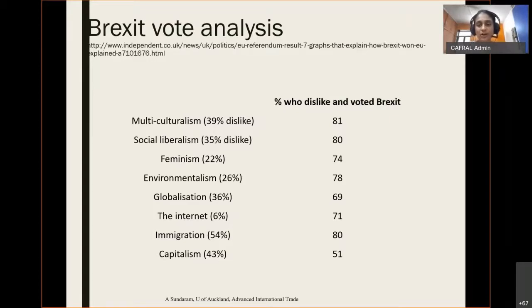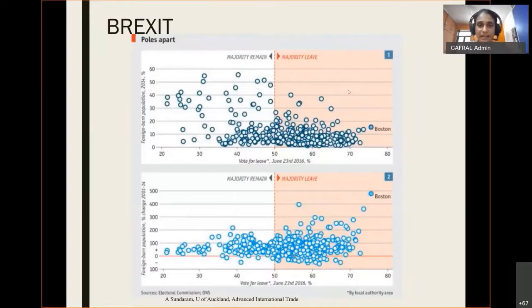This is just one section of the evidence, but there were a lot of polls that indicated that it was about immigration. So here's another one from The Economist. If you look at different counties in the United Kingdom and look at who voted to remain in the EU and who voted to leave, and you look at the foreign-born population in these counties as of 2014, at first glance, it seems as though those counties that voted to remain in the European Union also had high immigrant population.